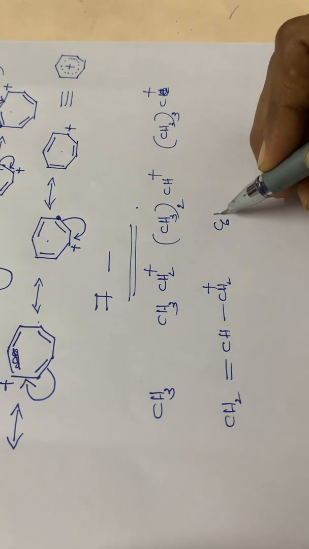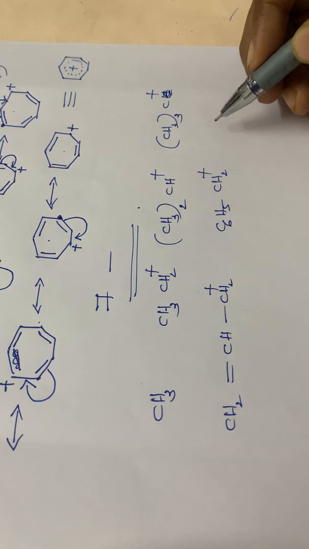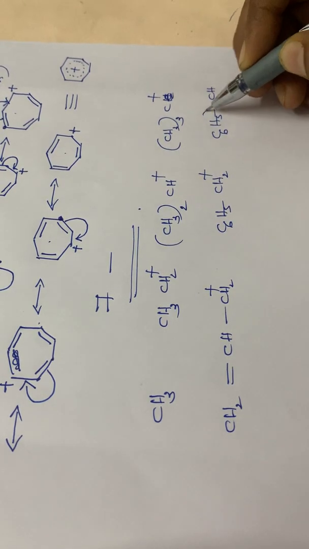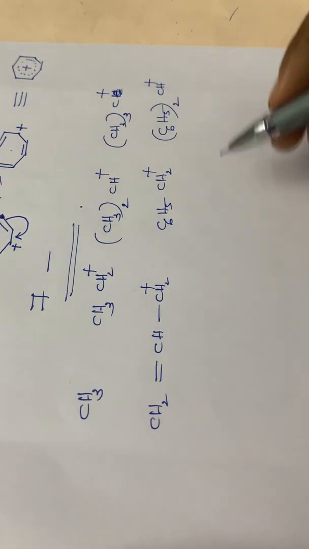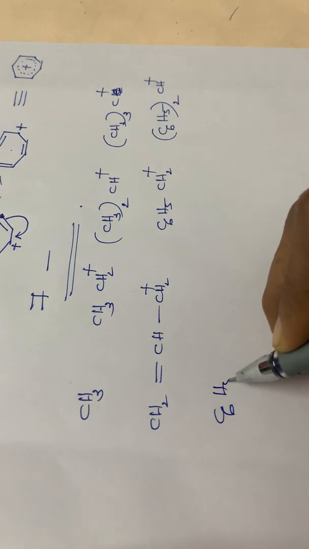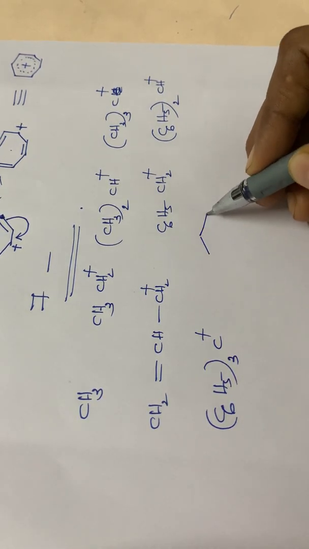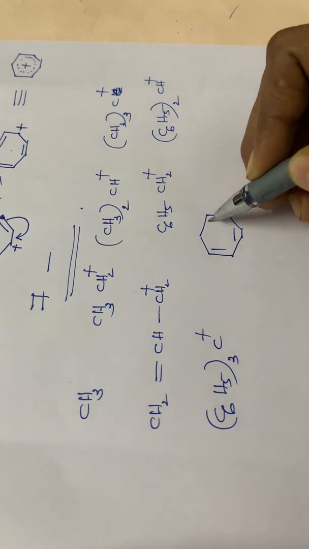Then benzyl carbocation, C6H5CH2+. Then diphenyl methyl carbocation, (C6H5)2CH+. Then triphenyl methyl carbocation, (C6H5)3C+. Then we have seen tropylium cation also, isn't it? So many carbocations we have seen.